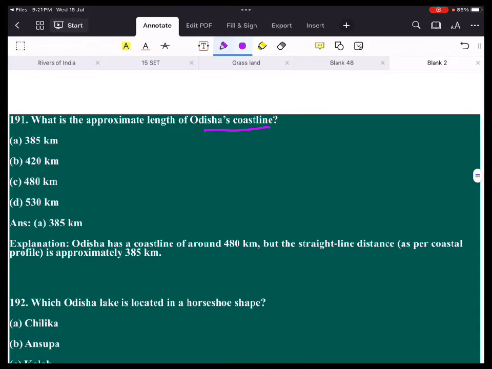That is 385. Odisha's coastline is around 480 km, but in a straight line distance as per the coastal profile it is approximately 385. When it is measured along the curves, the distance is more than 450 or 480.